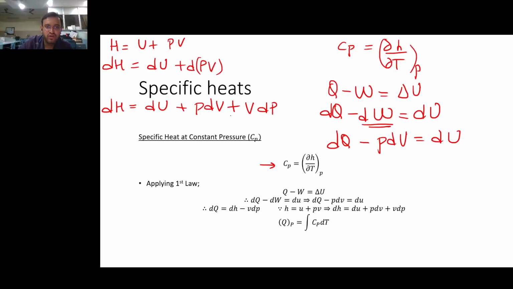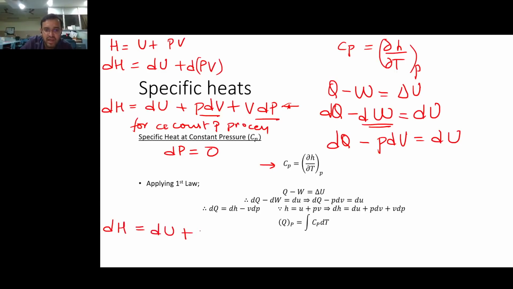Now notice PdV plus VdP. For a constant pressure process, the change in pressure is equal to 0. So dH is equal to dU plus PdV, because the VdP term turns to 0.